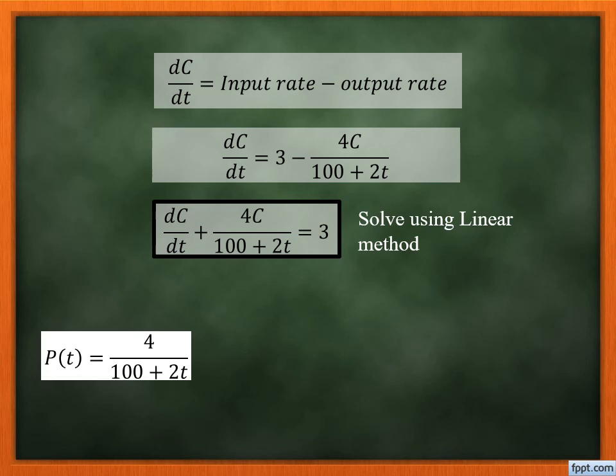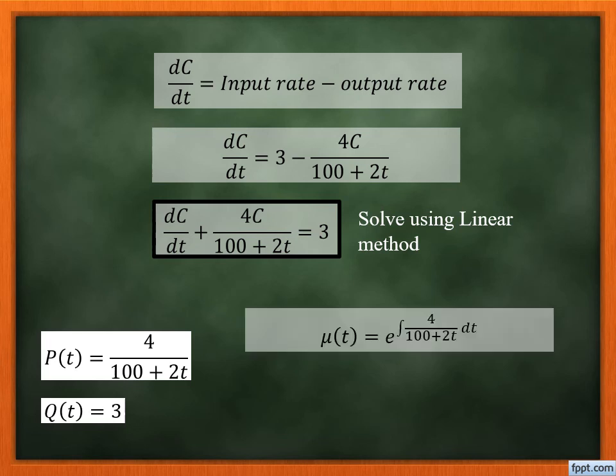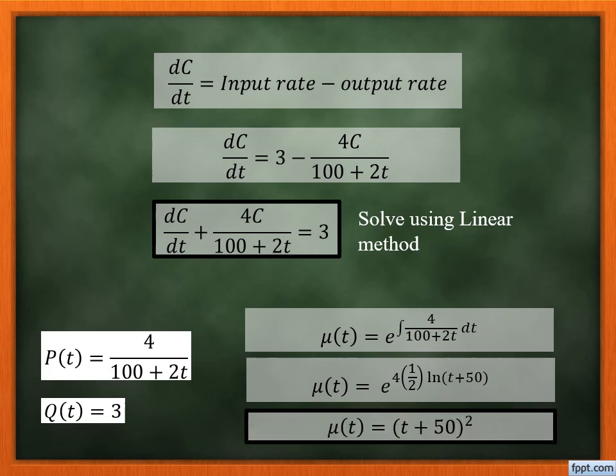So we have our P of T equal to 4 over 100 plus 2T, and the function Q is equal to 3. So instead of X, we have the variable T, which is the time, as our independent variable. So the integrating factor is equal to this equation, and solving, you will get that your integrating factor is equal to the quantity of T plus 50 raised to 2.